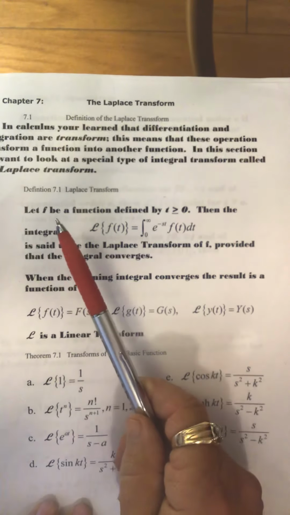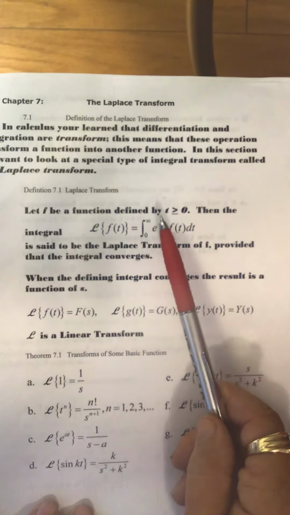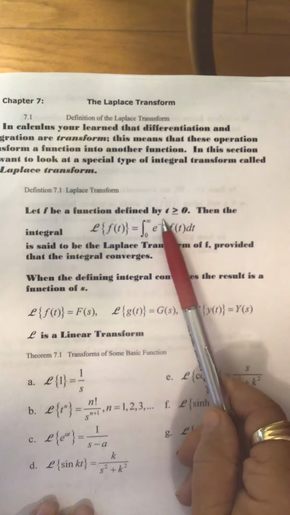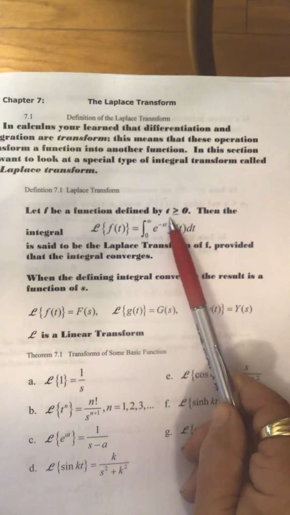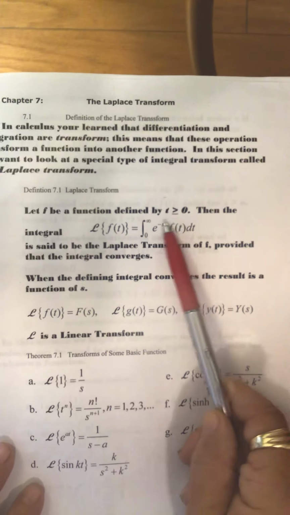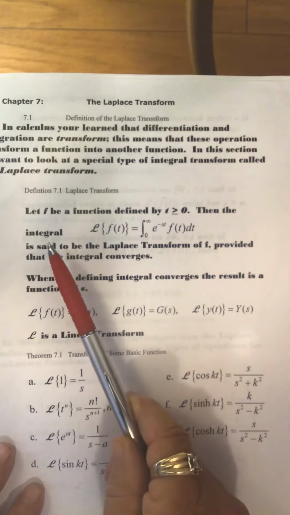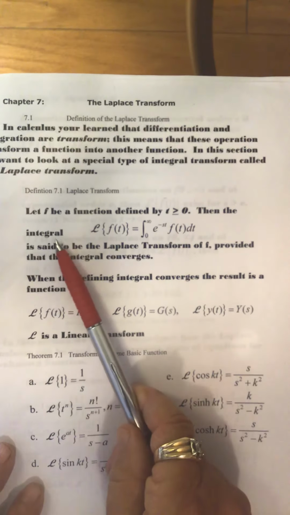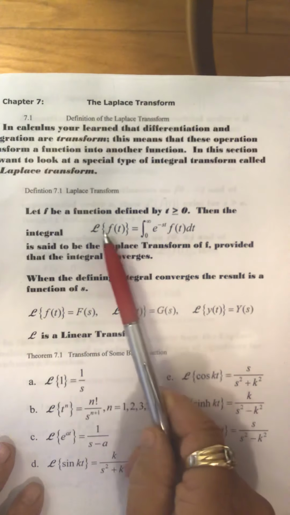You have some function defined on some variable, we'll call it t, where t is greater than or equal to 0. That's got to be a condition. Then, here's the integral.